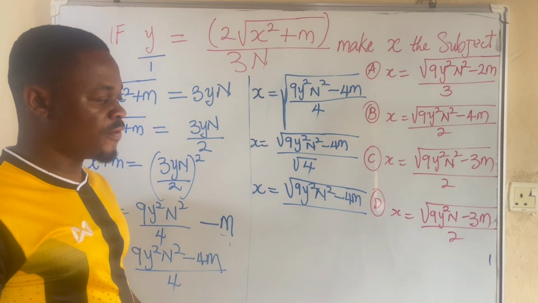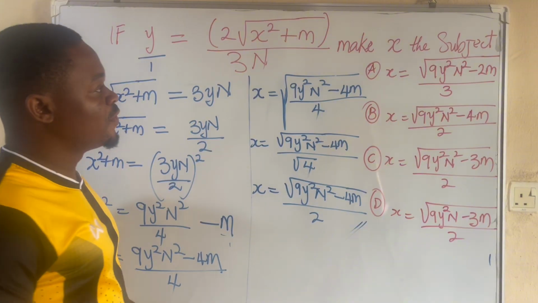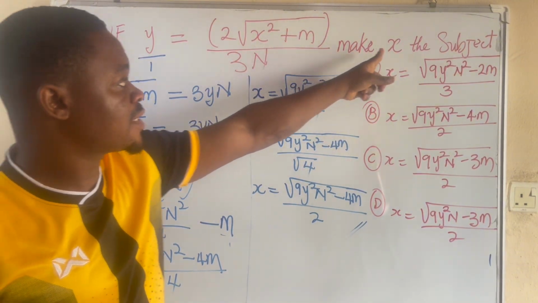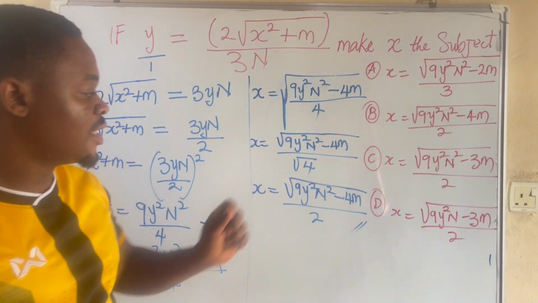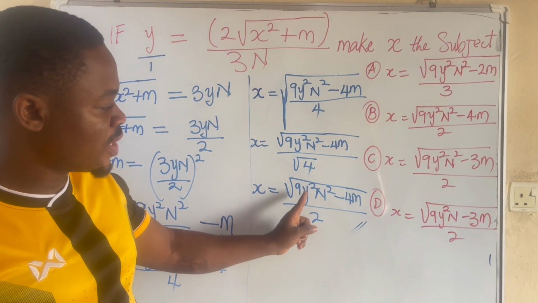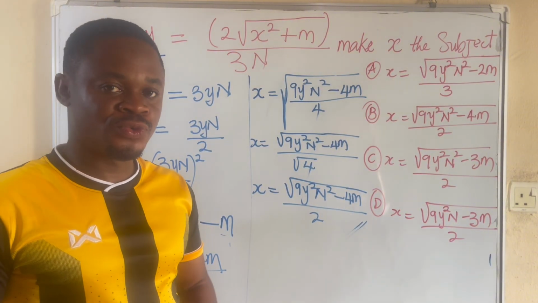The square root of 4 is 2. So if you make x the subject of the formula here, you are going to have x equal to the square root of 9y squared n squared minus 4m, divided by 2.